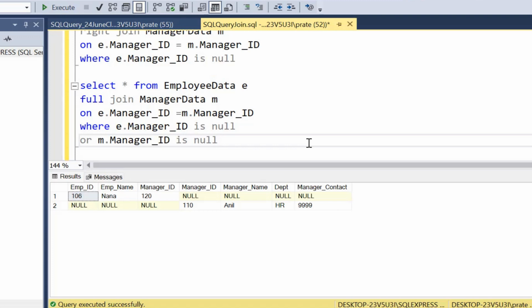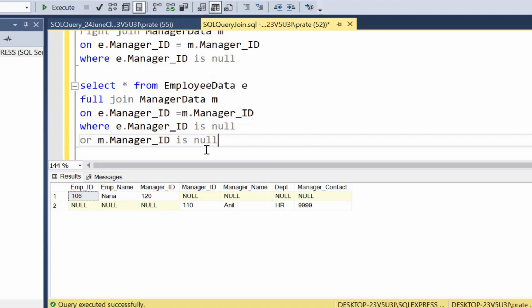Okay, the full join. For a full join, it includes the values from both the tables, left and right both. Including inner also, like matching also. Yes, including matching and also unmatching.